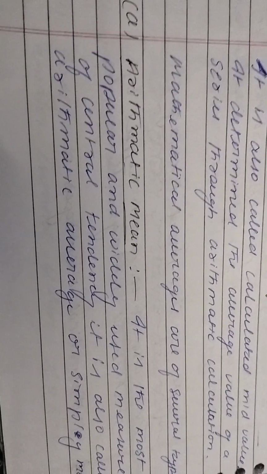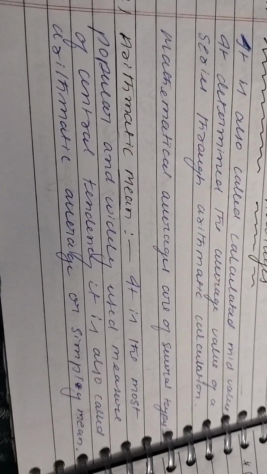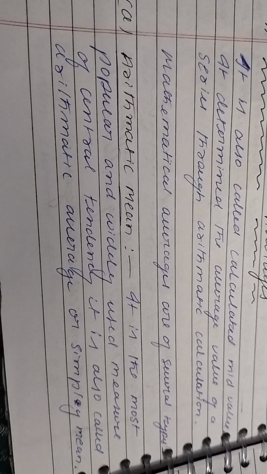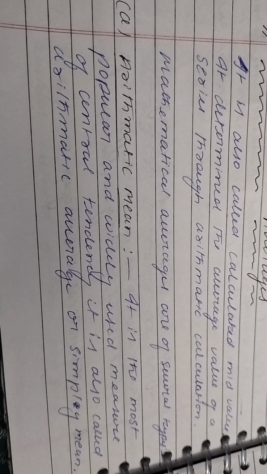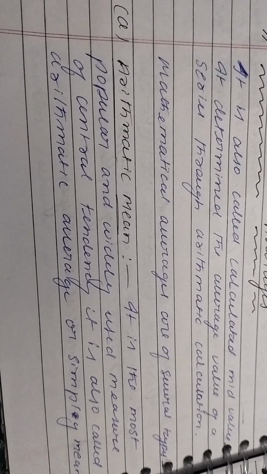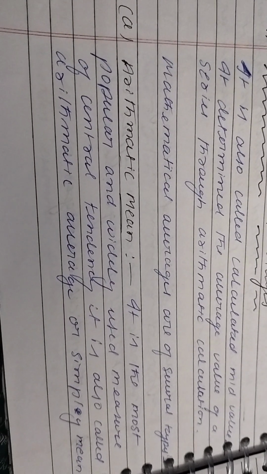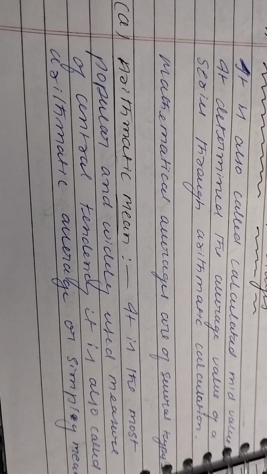It is not for everyone, so the arithmetic mean is the most popular and widely used measure of central tendency, also called the arithmetic average or simply the mean.